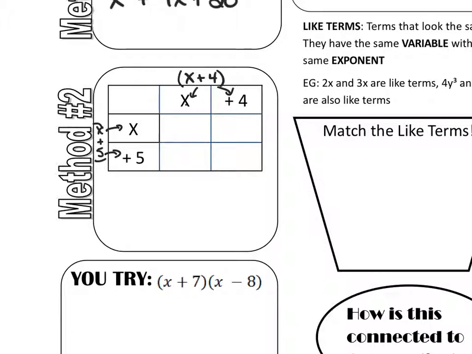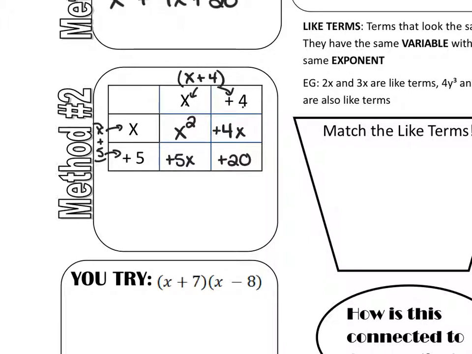What you're going to do is multiply each two and fill in the box. So x times x is x squared. X times positive 4 is positive 4x. Positive 5 times x is positive 5x. And positive 5 and positive 4 is positive 20.